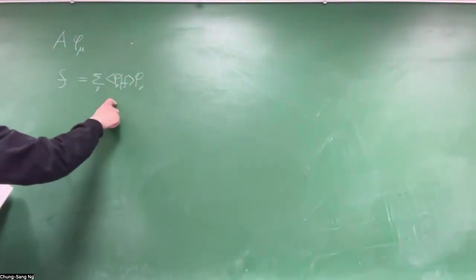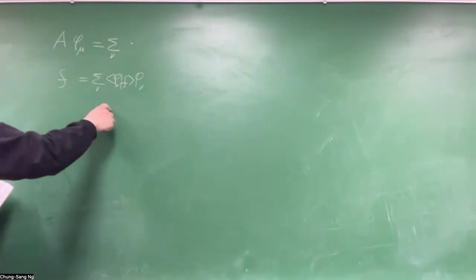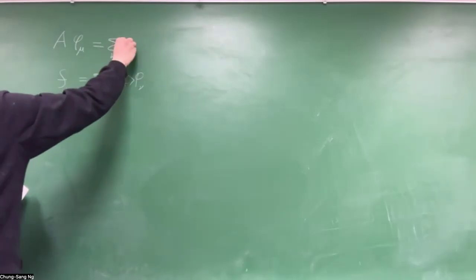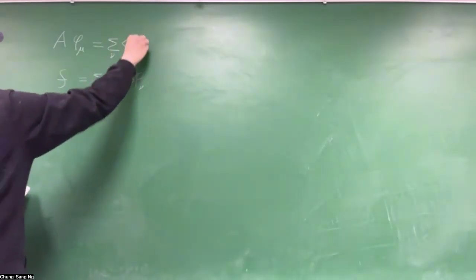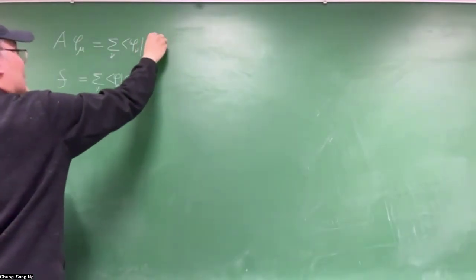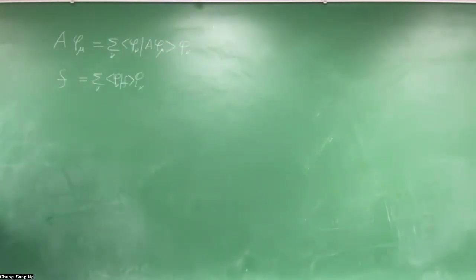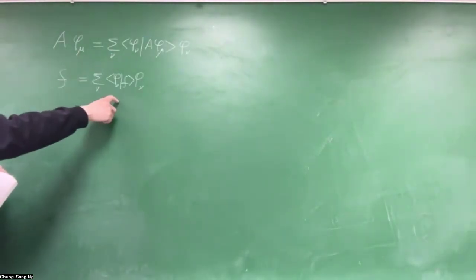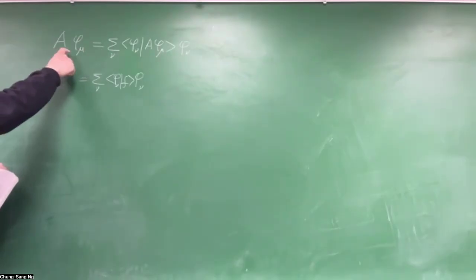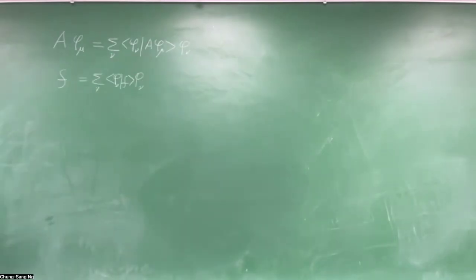So what we do is follow the same way: sum over the set of all the bases, with the projection of phi nu and then, instead of f, this vector that we try to expand, which is A phi mu, and then phi nu. That's straightforward, coming from what we did last time. We just expand this vector, which is A operating on the basis. So that will give you this one, right?